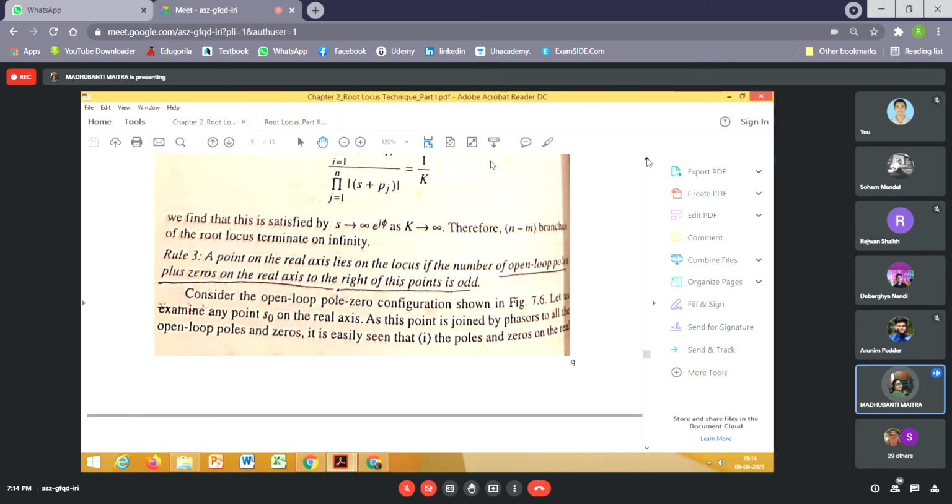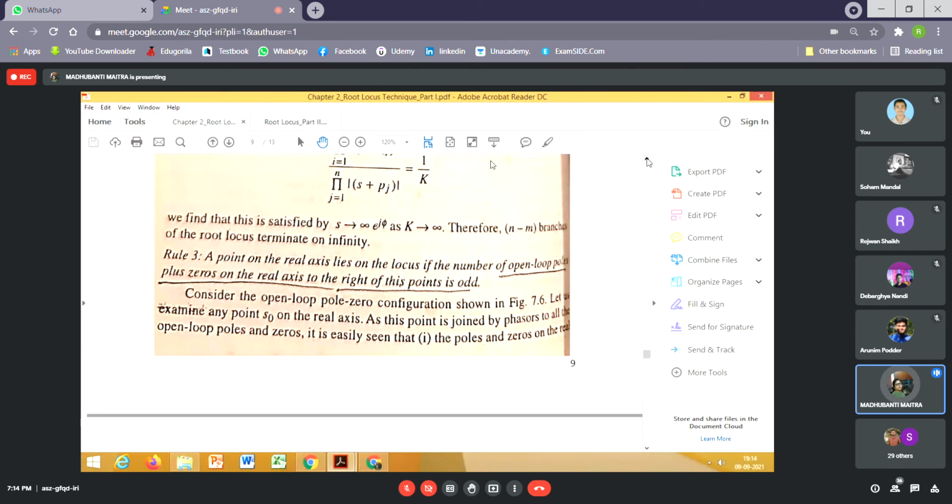So this rule will help us in finding the segments of the real axis, the segments which are basically on locus segments.